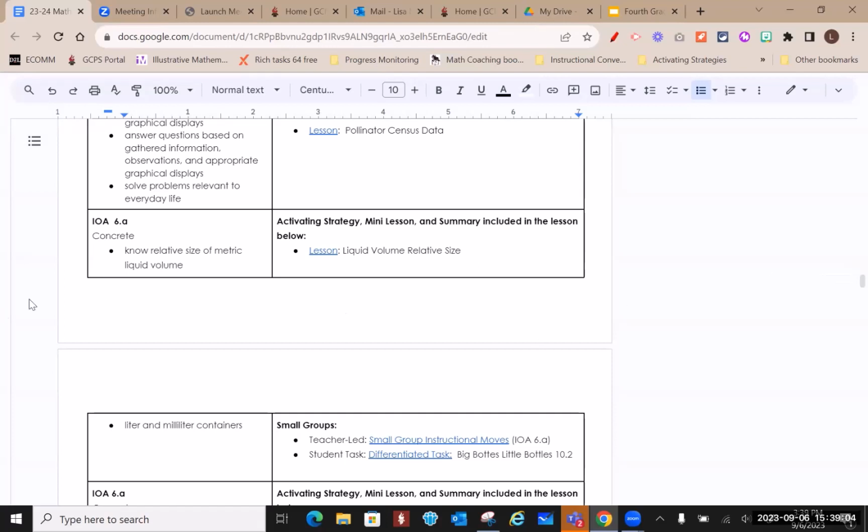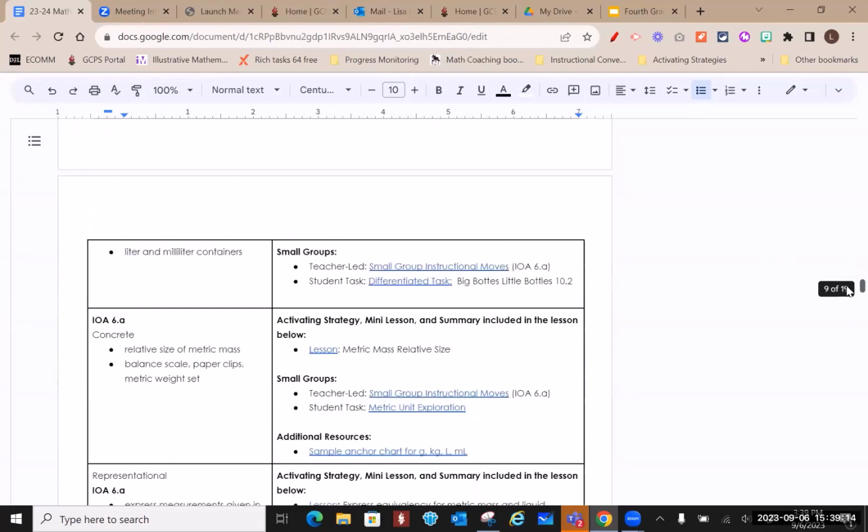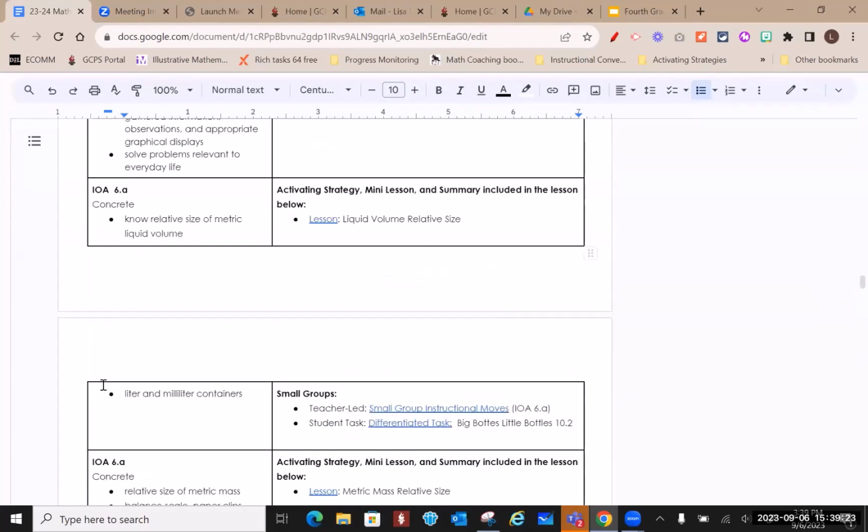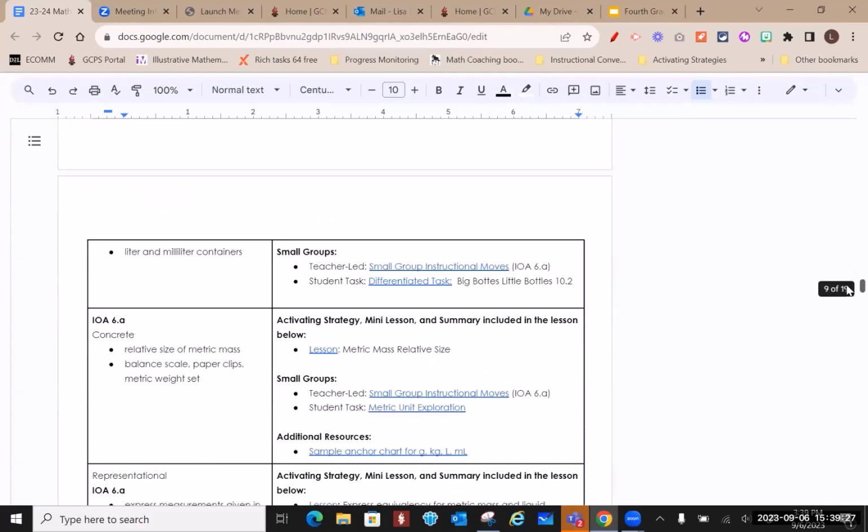So let's kind of scroll through this and talk through some of this. You can see on this very first day, we are doing the relative size of metric liquid volume. Then we're going to be talking about the relative size of metric mass and using those balance scales for mass, using the liter and milliliter containers so students really get a good understanding of relative size.